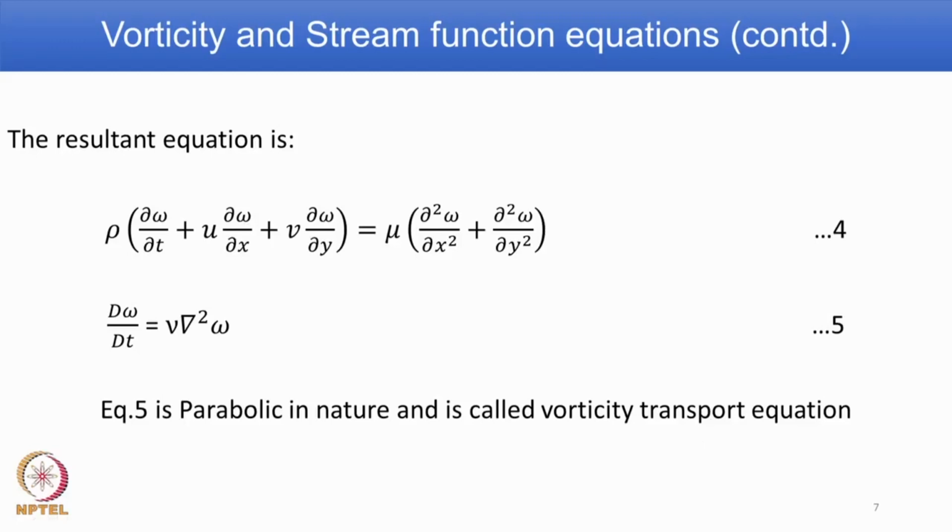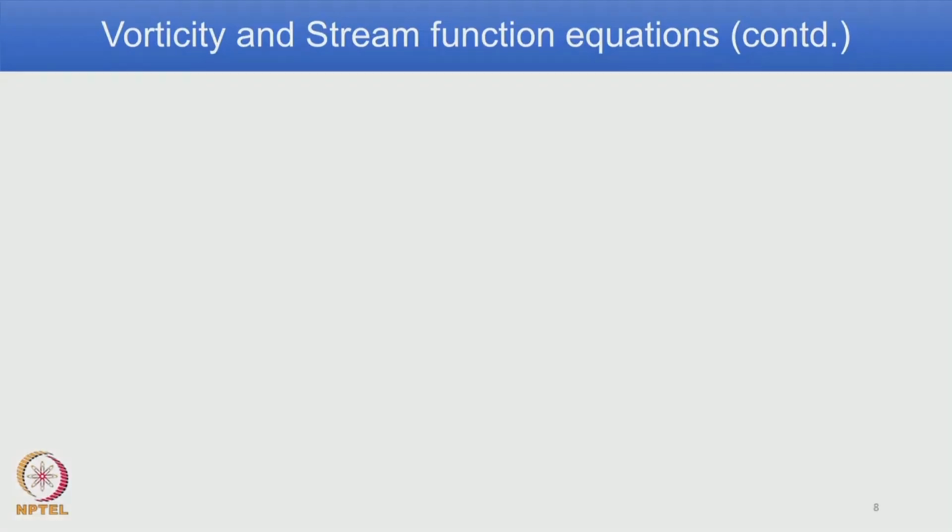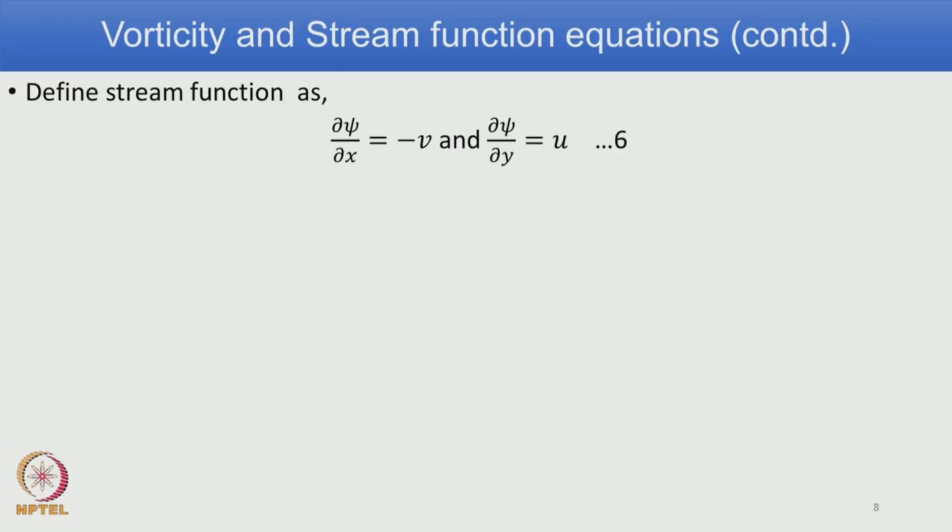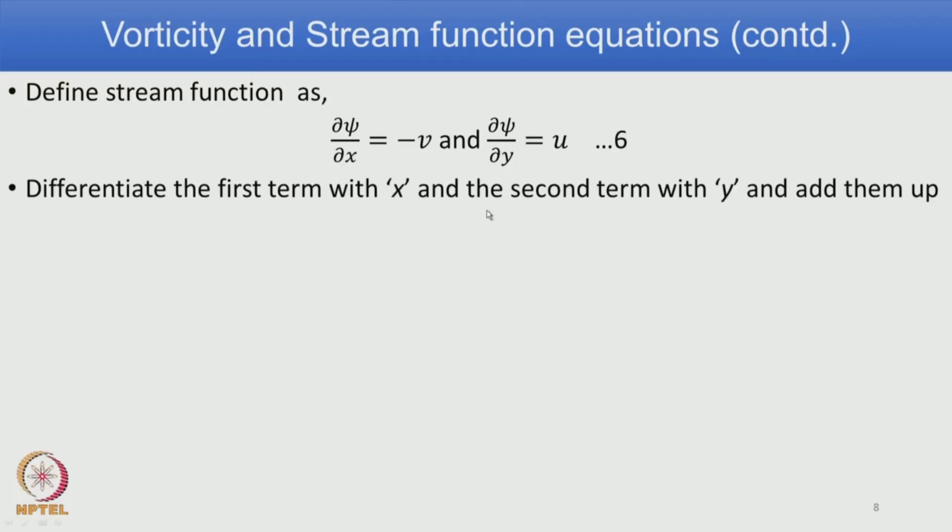Last class we had seen up to this point, we just wanted to review, and then we move on to the next part, that is the stream function. We know the stream function definition relating to the velocity, dou psi by dou x equal to minus v and dou psi by dou y is equal to u. Here also we start doing some arithmetic and calculus operations.